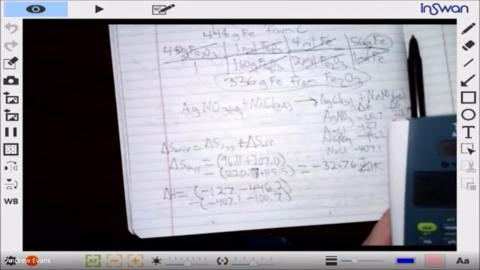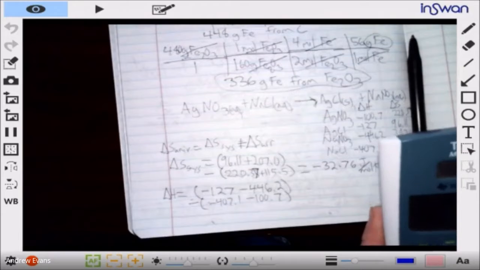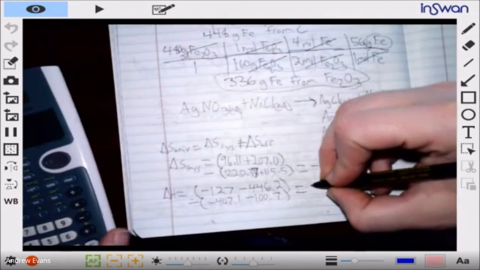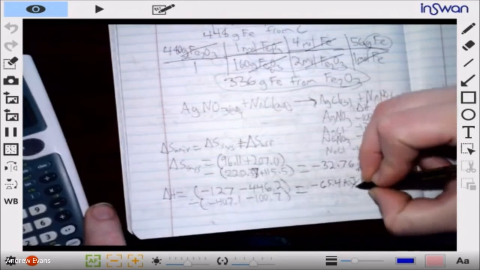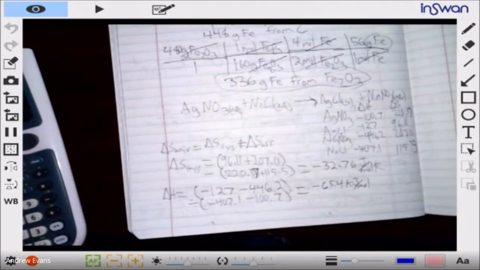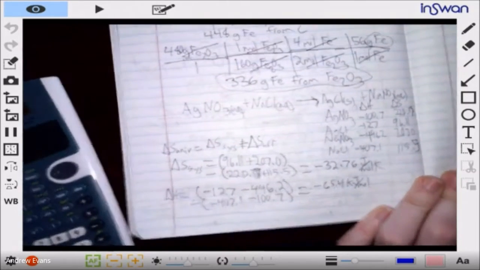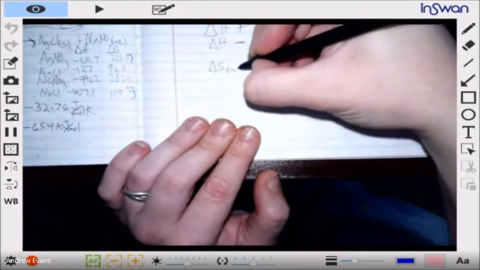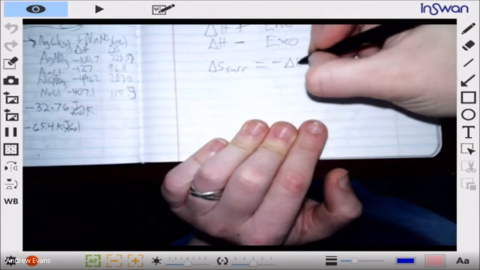So the delta H of the system is negative 65.4, and this is kilojoules per mole. Keep in mind, delta S is in joules per mole Kelvin, and this is kilojoules per mole. I'm going to move over here real quick. To get the delta S surroundings, delta S surroundings is equal to negative delta H over T.